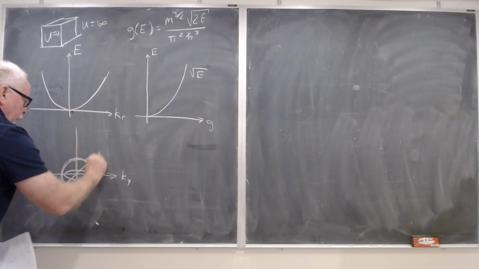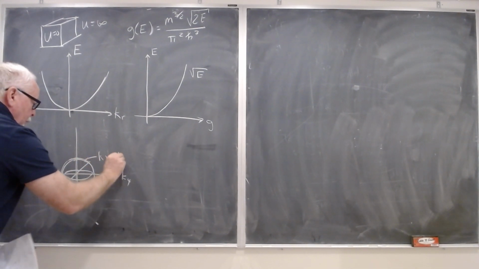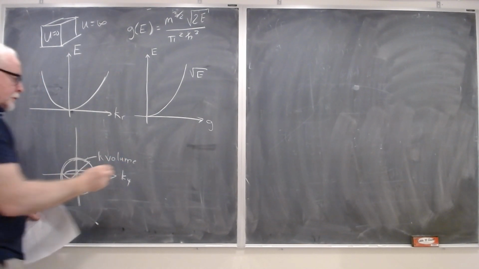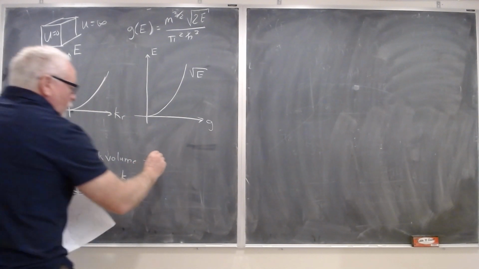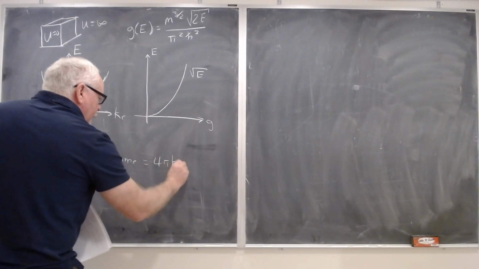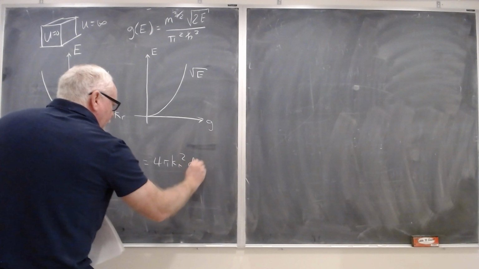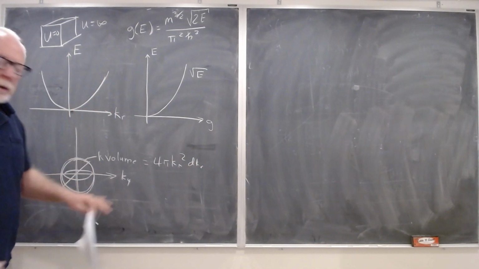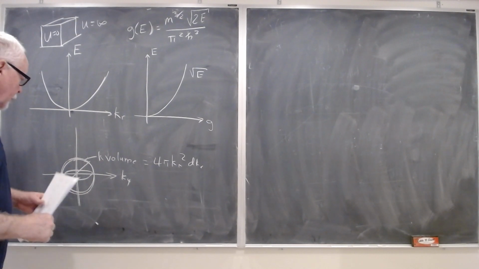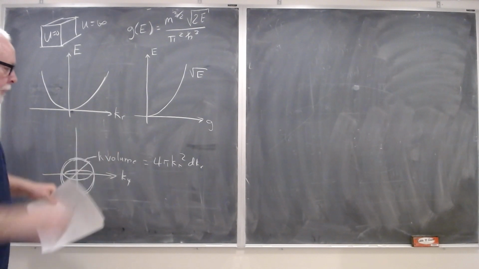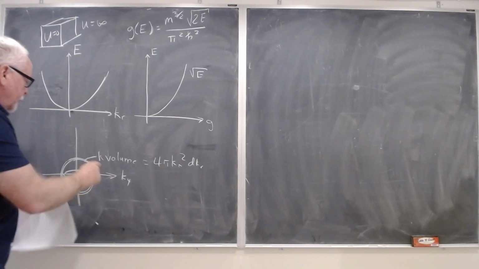And the k volume goes as 4 pi k_r squared dk_r, meaning the k volume is 0 when the sphere is small, and it goes up as the radius goes up.